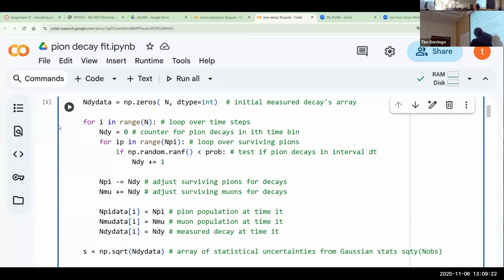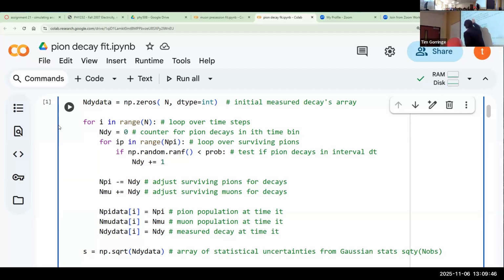Okay, so we start walking through our pions, and this is where I implement this decay probability. I generate a random float from 0 to 1. If it's smaller than the small probability, that's the signal that a pion decayed, and I'll increment by 1 my pion decay counter for that time bit.